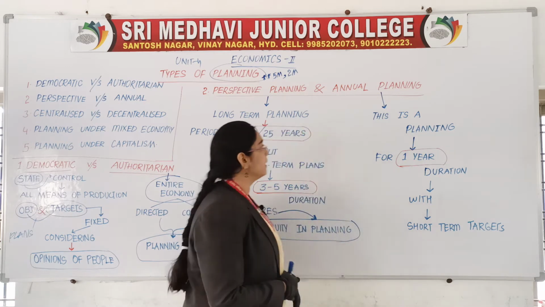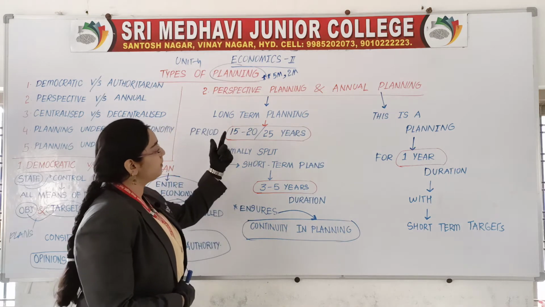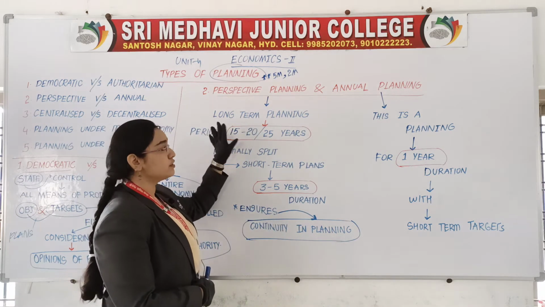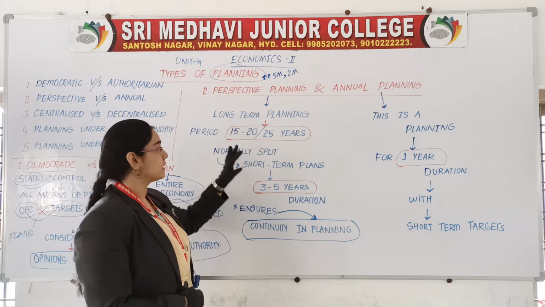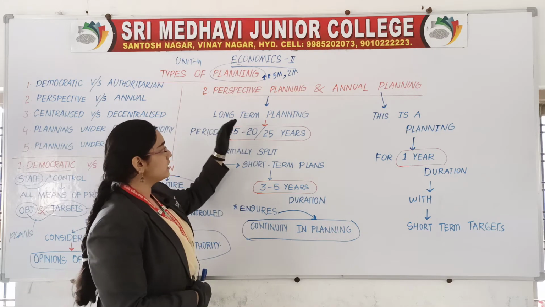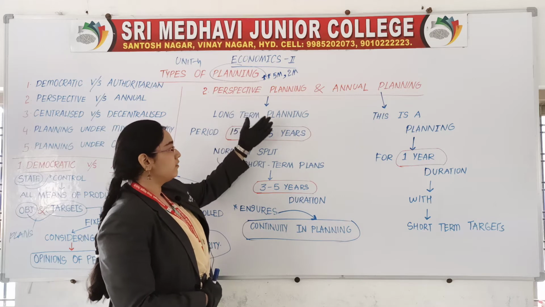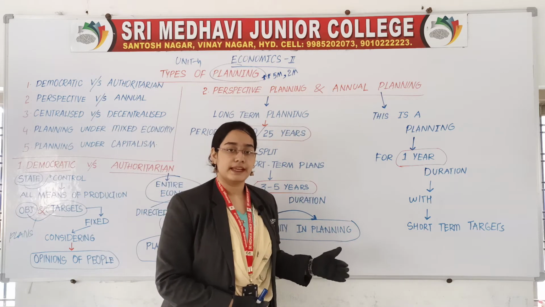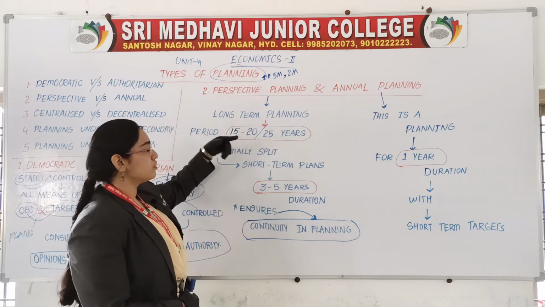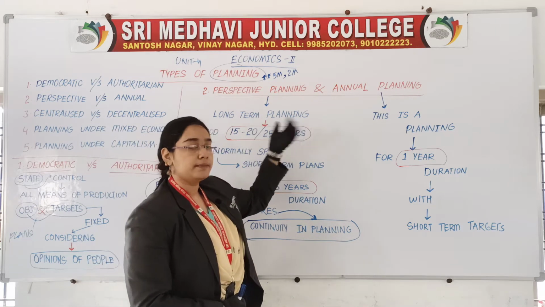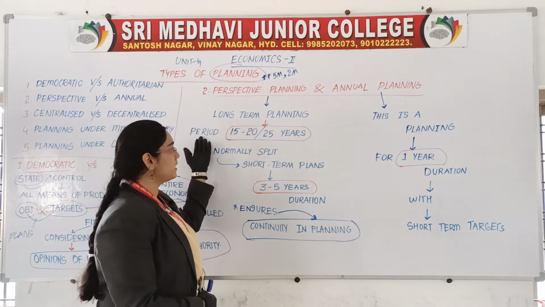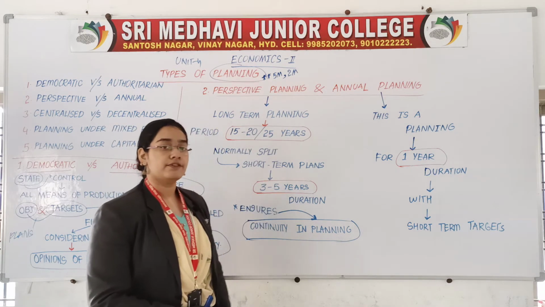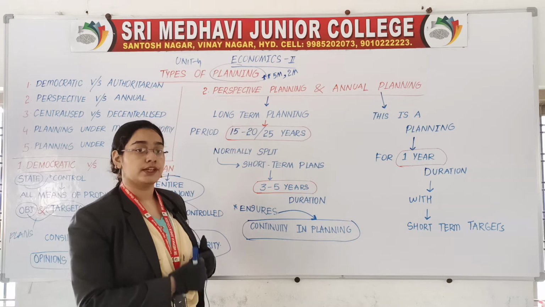Coming to the second one, perspective planning and annual planning, also very important for 2 marks. Perspective planning is also known as long term planning, for a period of 15 to 20 or 25 years duration.